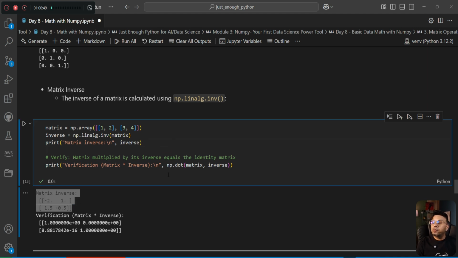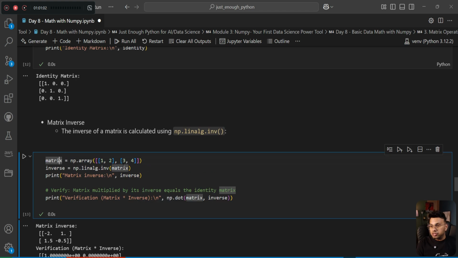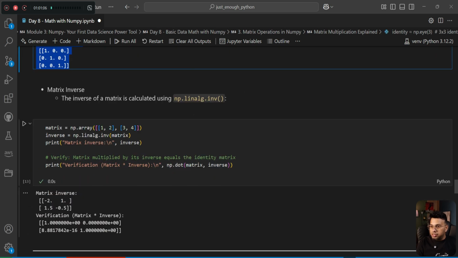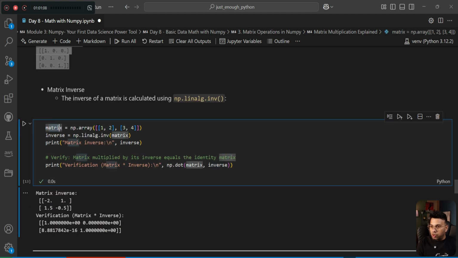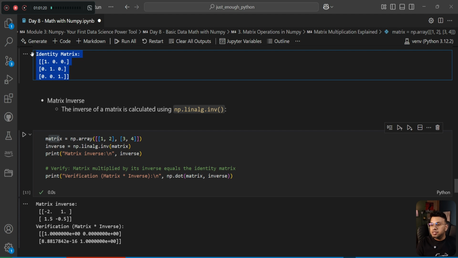Now what is the importance of a matrix inverse? If you multiply the original matrix with its own inverse, you actually get an identity matrix. So if you multiply this matrix, which is 1, 2, 3, 4, with this matrix inverse, you should get an identity matrix.